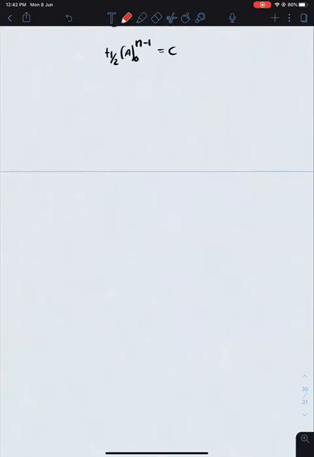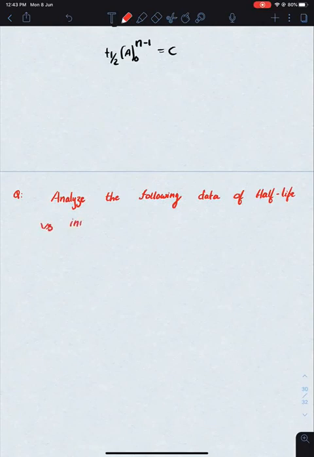The question is, analyze the following data of half-life versus initial concentration and find out the order of reaction.